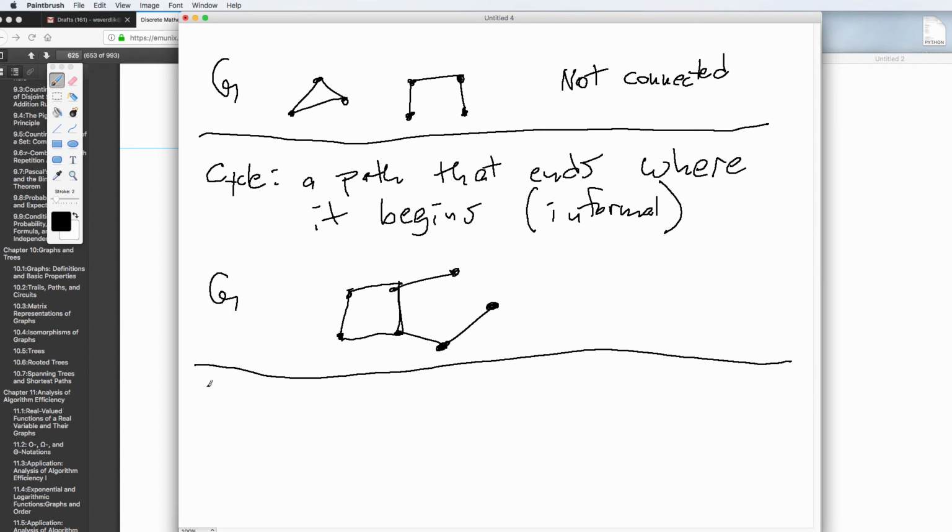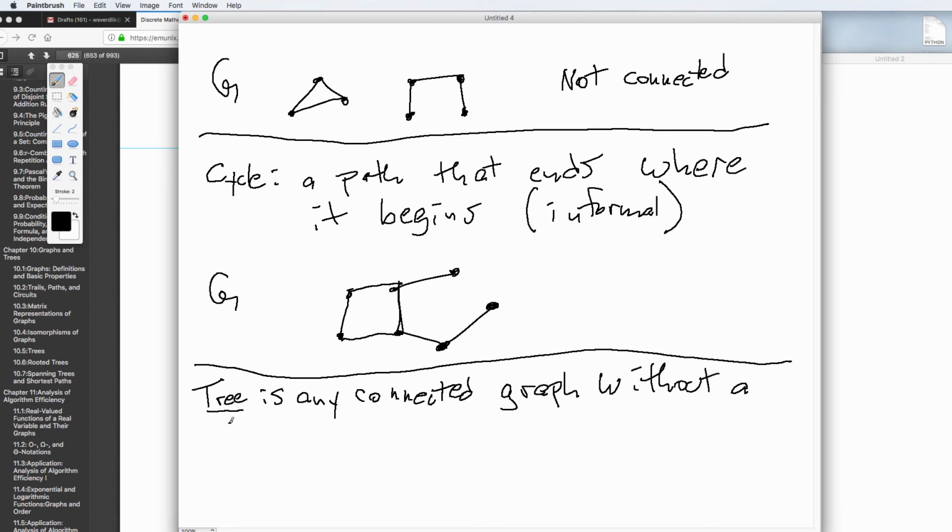Another definition. A tree is any connected graph without a cycle. So here's an example of a tree.